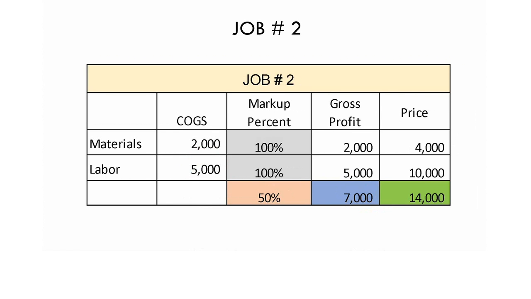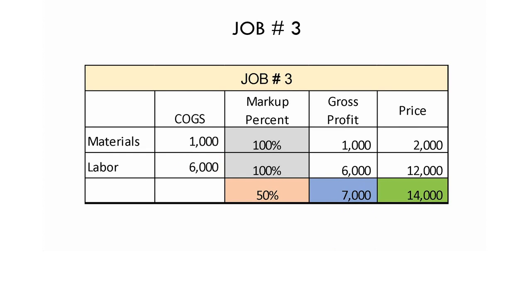For job 2, our materials is $2,000, our labor is now $5,000, but we mark them both up by 100%. We're going to get $7,000 in gross profit or a $14,000 price.